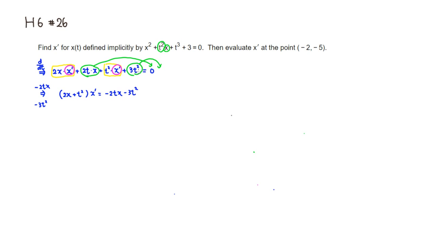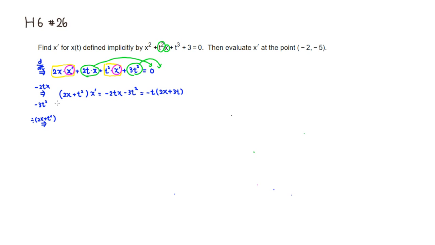If you want, we can pull some of the common factor out. In this case, both have a negative sign, and both of these guys have t in them, so I'm going to put t out here too. That way you have 2x left over plus 3t left over. The last step is we need to get rid of this guy since we're looking for x prime, so I'm going to divide through by 2x plus t squared.